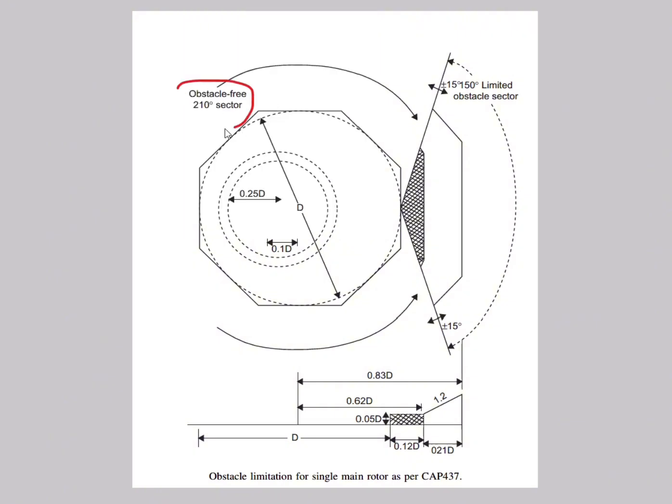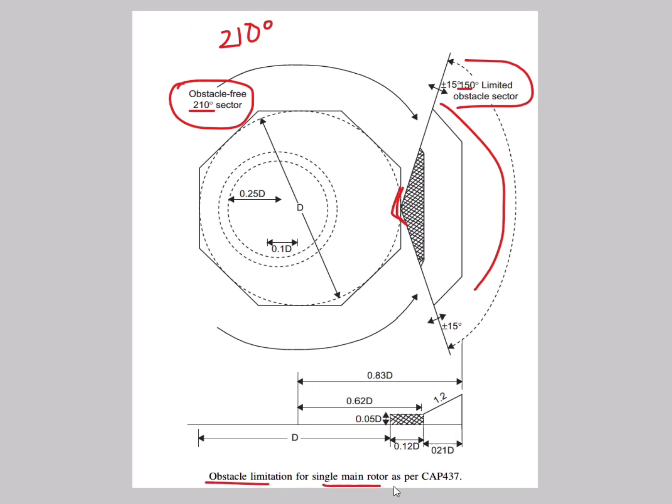Here you can see the obstacle free sector, 210 degree. 210 degree is the obstacle free sector and this 150 degree is the limited obstacle sector. Some chevron marking also indicates the limited obstacle sector. These are the obstacle limitations for the single main rotor, CAP 437.